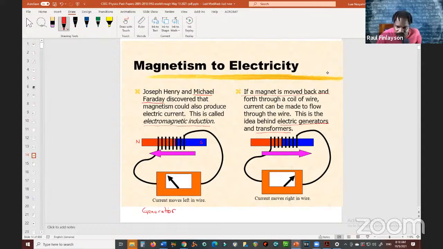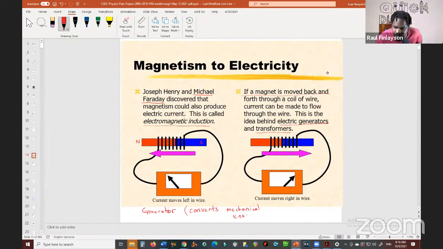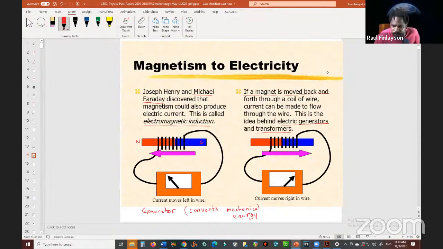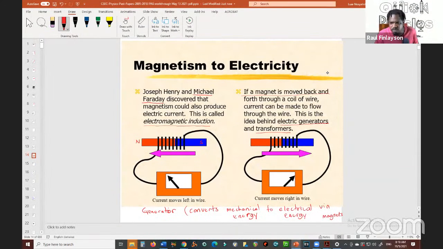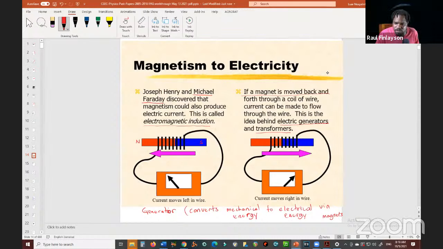A generator converts mechanical energy, and this is by magnetism, to electrical energy, via magnets. And this is actually AC current we're talking about here.